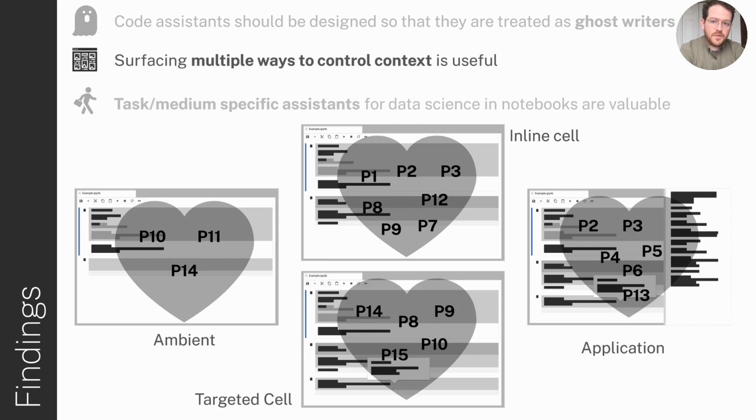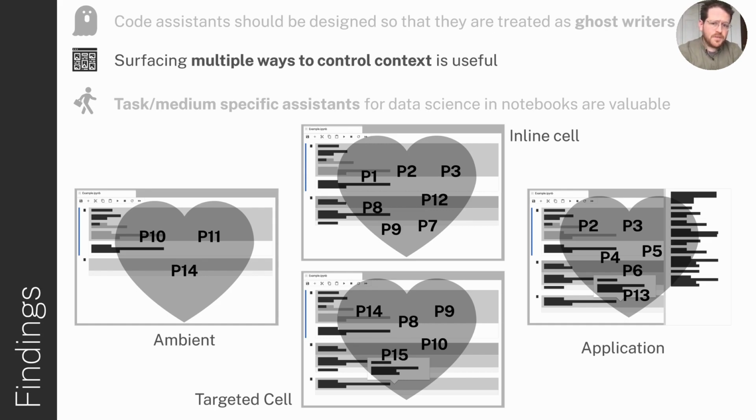Next, we found that different users wanted different things from the interface, or even just different interfaces altogether. Data scientists, of course, are a heterogeneous user type with diverse tasks, so no one presentation of information or assistant form will be perfect for everyone, nor for every type of approach, or even for a single user across all tasks. To wit, some participants valued the locality of things like the targeted cell form we saw earlier, while others liked the ergonomics offered by an application-style design with widescreens.